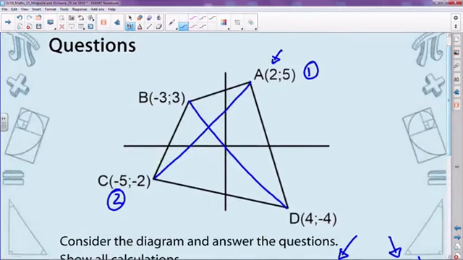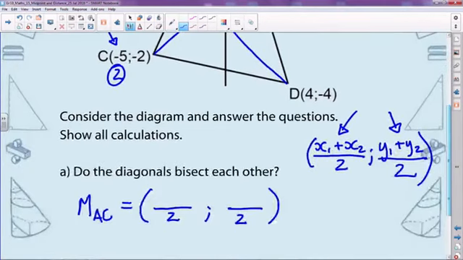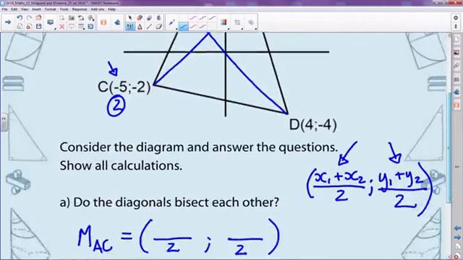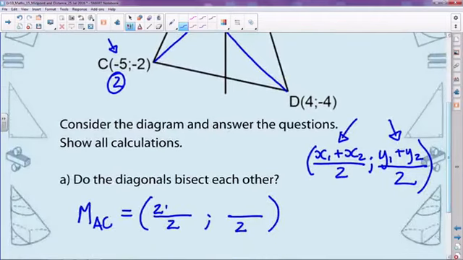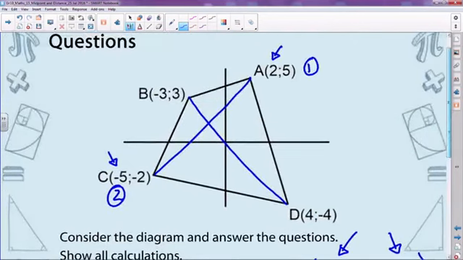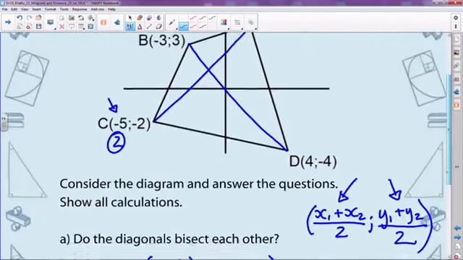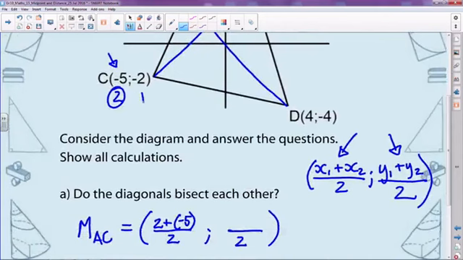Because that's x1. That's 2. And the x-coordinate of C, which is x2, is minus 5. So I am going to say 2 plus minus 5. And then my y-coordinate, y1, is 5, and my y2 is negative 2. So that's going to be 5 plus minus 2.